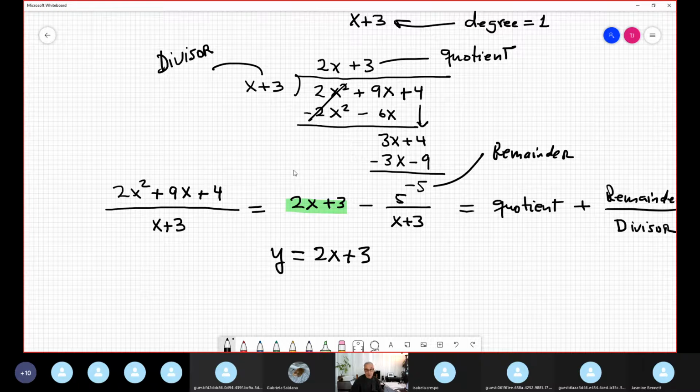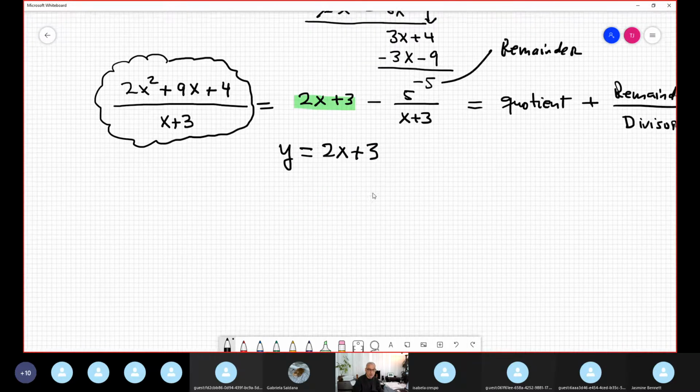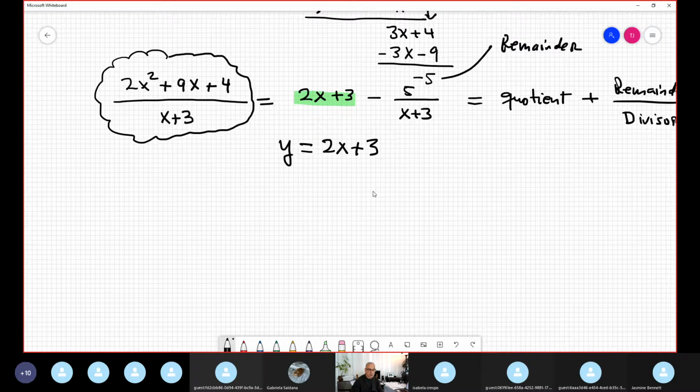Okay. Well, as always happens when you have a slant or horizontal asymptote, you have to discover if the original function crosses the slant or not. Well, to do this job, you enforce 2x squared plus 9x plus 4 divided by x plus 3 is equal to 2x plus 3.